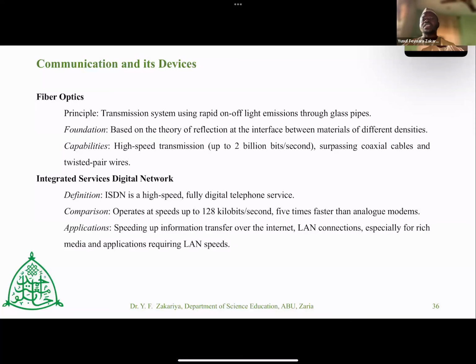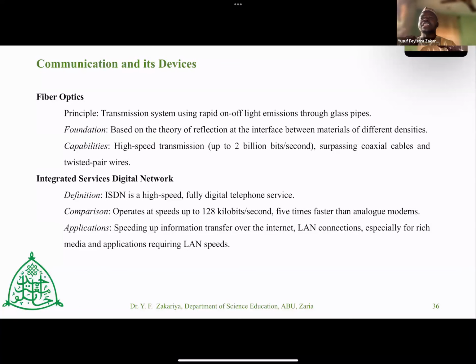So we use it a lot in information transfer over the internet, either in a local area network, wide area network, or metropolitan area network. Majorly we use it in LAN, that is local area network, especially for rich media and application serving LAN speed. All right. So I think this is what we have so far.